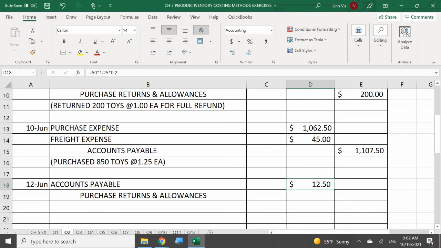So when we purchased it, we're talking about the allowance. So in this case, we're refunding a small portion of the money. We're refunding 20%. Like you've calculated earlier, if I returned it, it'd be 50 times $1.25, which gives you $62.50.